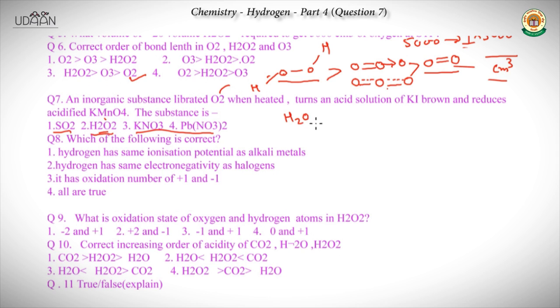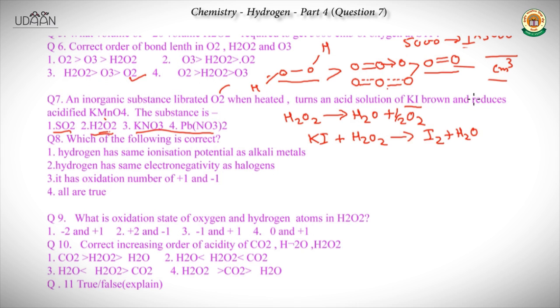The reaction was H2O2 will produce H2O plus half O2, and it is an oxidizing agent and it will oxidize I minus, that is KI plus H2O2 will produce I2 and H2O.